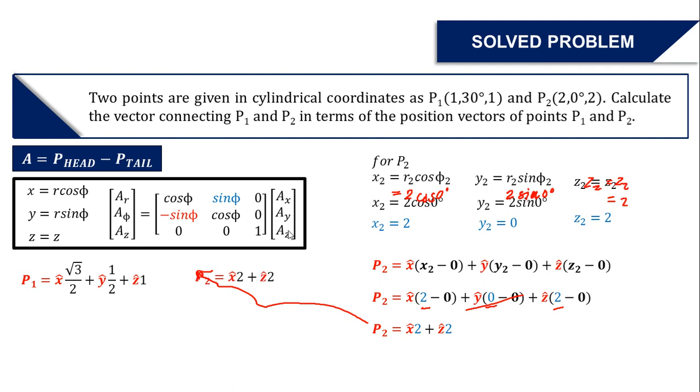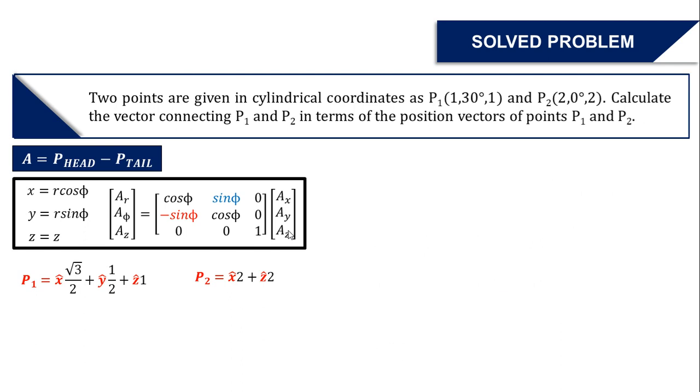Okay? Next. We now have our position vectors. And we are ready to calculate for the vector in Cartesian coordinates. Kaya yun na yung susunod natin gagawin. Kunin na natin yung vector in Cartesian coordinates. So, sabi dyan, i-minus lang daw natin. So, pag minus natin yan, sinubtract natin, ito, subtract natin sa 2, and then 1 half, z, 1.